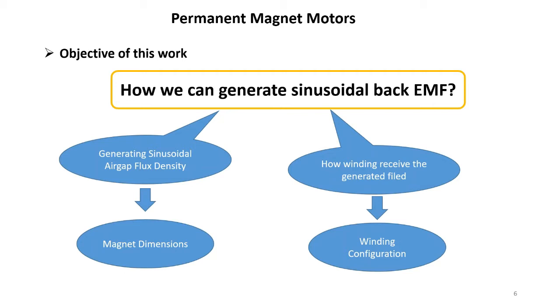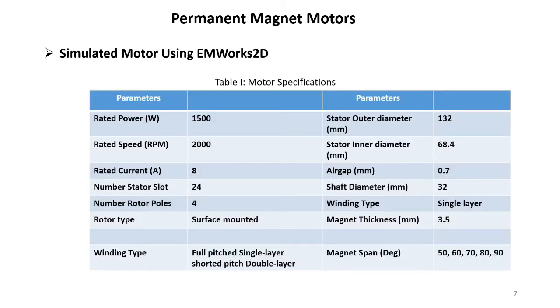Another way that we can help to have a sinusoidal back EMF is to make sure that the windings see the flux in a way that has a sinusoidal waveform. This can be done simply by using a certain type of winding configuration. So in this presentation, we are going to discuss these two problems.